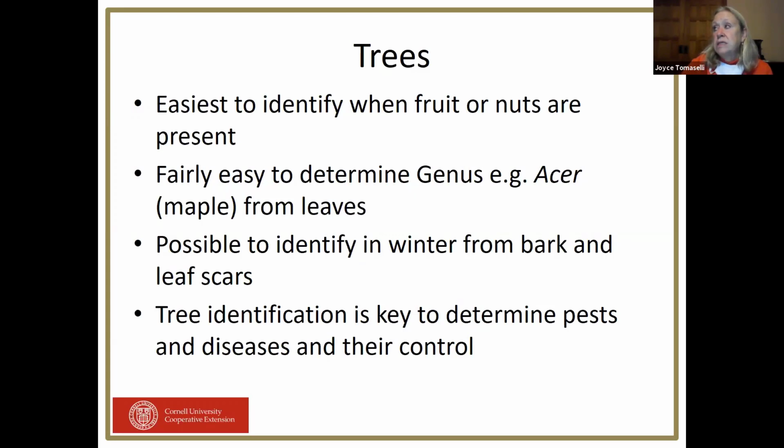So if someone says, I've got this tree and it's not looking so great, and it turns out that it's an ash, then we need to be very concerned about emerald ash borer. This time of year, if someone says, I've got a tree and it's not looking so great, and it turns out to be a fruit tree, the answer is, well, a lot of fruit trees do have fungal diseases, and if they're dropping their leaves at this point, it's not that big of a problem.